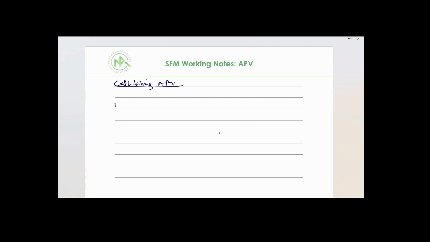Step 1, calculate base case NPV. Step 2, calculate present value of financing effect cash flow.